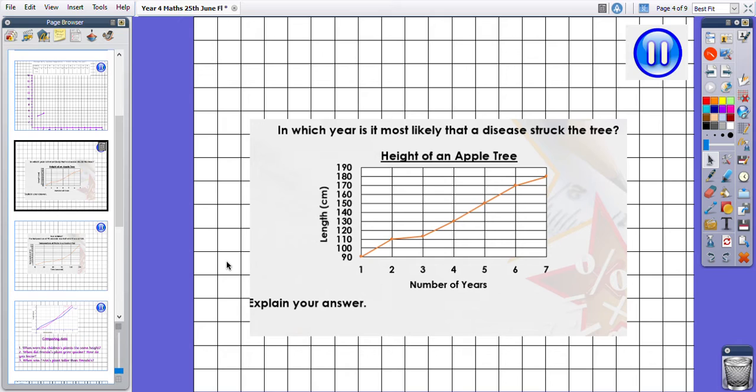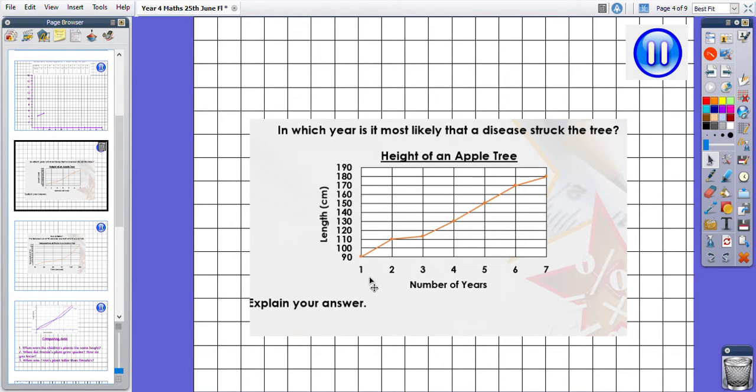Right, a different type of question now. In which year is it most likely that a disease struck this tree? So this line graph is showing the height of an apple tree and how long it has taken to grow. You need to think about the gradient, so the direction that the line is moving in this graph. Which sort of line would show us that the tree had grown quicker? And which line would show us that the tree's growth had slowed down?